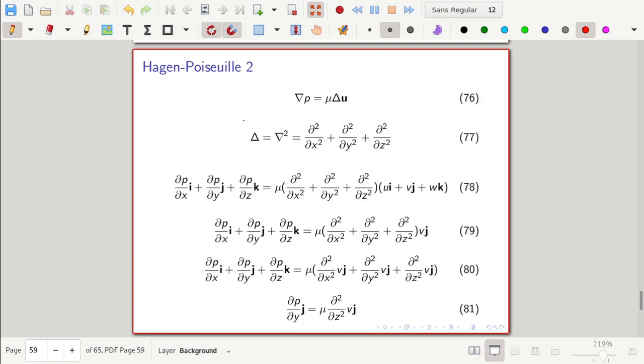Remember that we're using delta here, as in many fluid dynamics books, they use delta for the Laplacian, and the Laplacian is the second order partial derivatives in the directions x, y, and z. Usually the Laplacian is associated with a scalar field, but now the Laplacian is acting on a vector field, which is the u vector field.